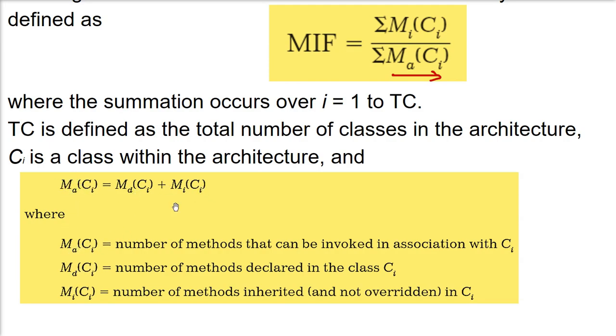C is the class we are referring to, because there are different classes. So Ma is the number of methods that can be invoked in association with this class. So we are talking about association with Ci. Md is the number of methods declared in the class, and Mi is the number of methods inherited, not overridden, in the class.